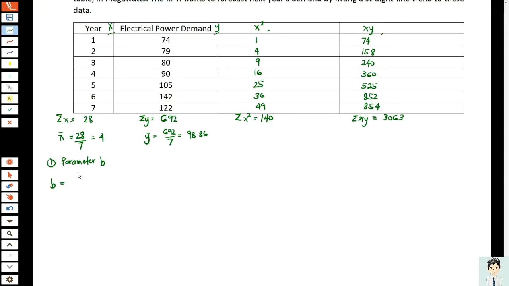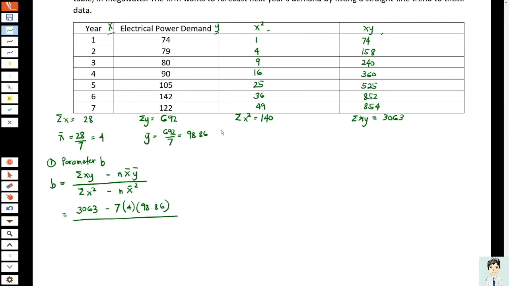B is equals to summation ng xy minus number of period, mean x, mean y, divided by summation ng x squared minus n, mean squared, is equals to summation ng xy, 3,063 minus yung n, which is 7, yung mean x is 4, mean y, 98.86.